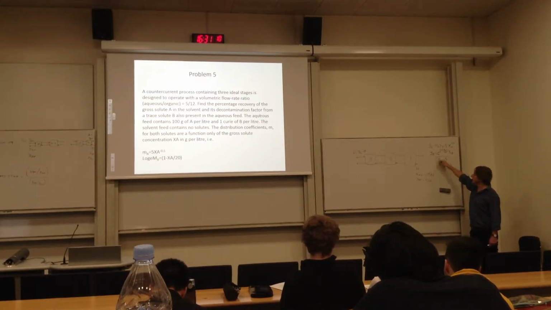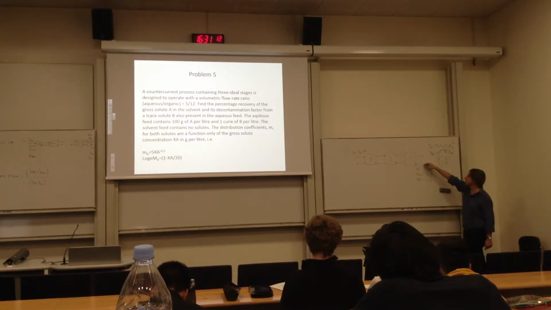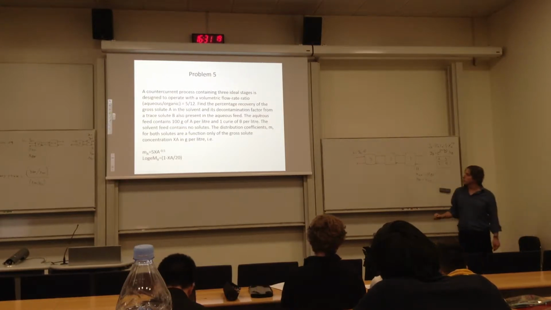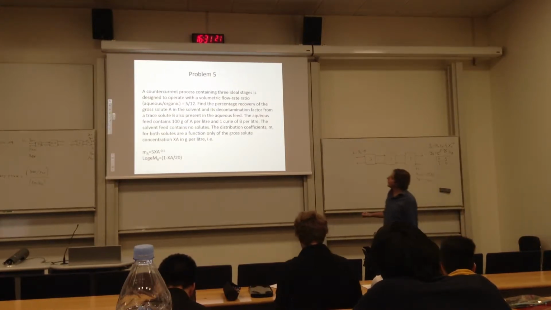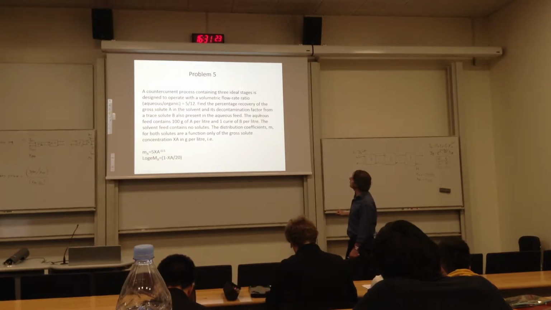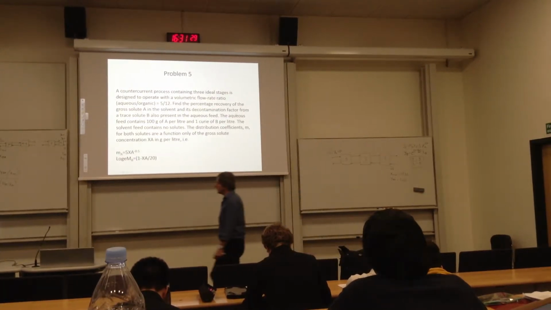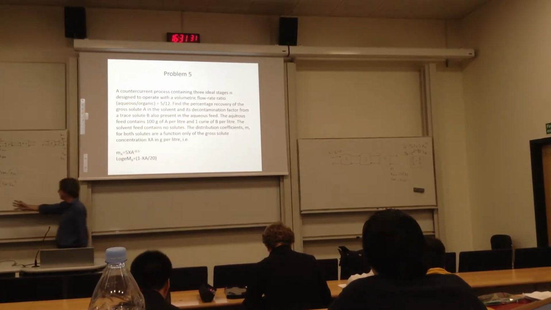How much B is transferred from one phase to the other depends on how much A is in the system. So what part of the problem will you tackle first? The recovery of A or the decontamination factor from B?